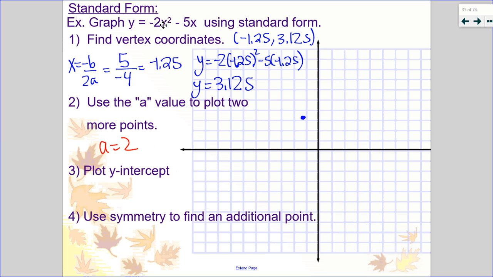So from this point, I'm going to go down 2, 1, 2, and left to right 1. So again, I went down 2 because it was negative 2. Down 2, 1, 2. Left 1, right 1. Yeah, that looks good.